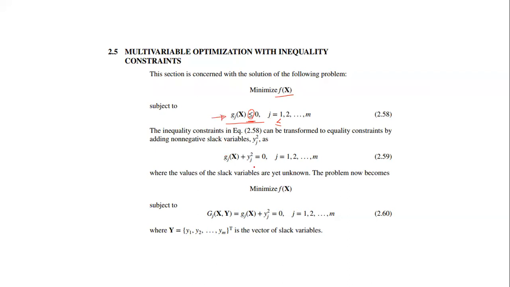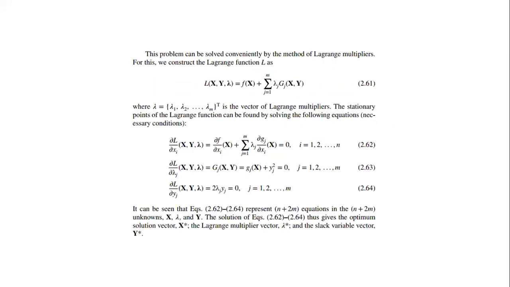That is why, with this inequality constraint, we add some additional slack variables. y_j is a new set of variables, basically a column vector y1 to ym. After adding that, our inequality condition now becomes an equality condition, and in this problem we can apply the Lagrange multiplier method.